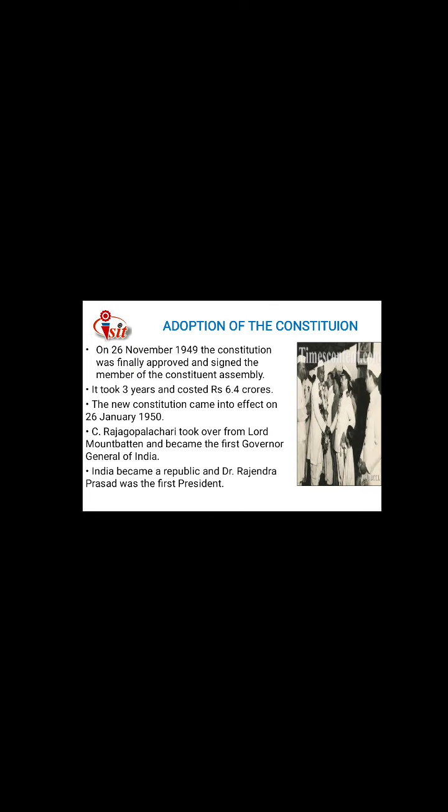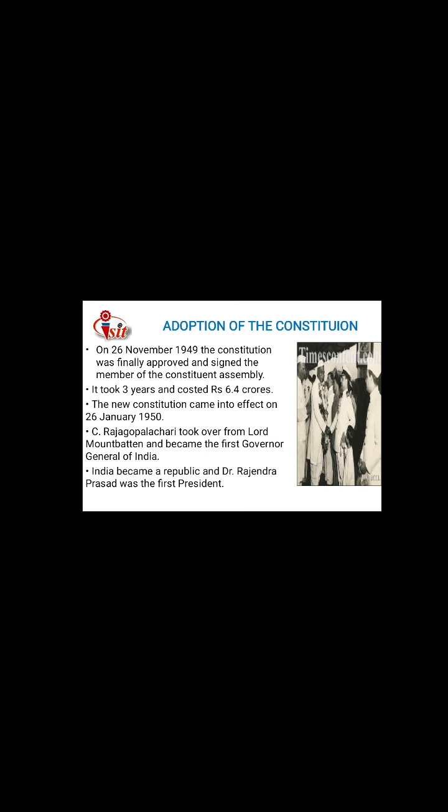The next one is the adoption of the constitution. So on 26 November 1949, the constitution was finally approved and signed by the members of the Constituent Assembly. It took 3 years and cost around 6.4 crores.